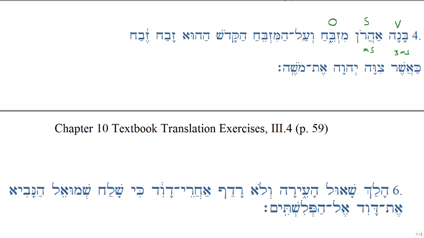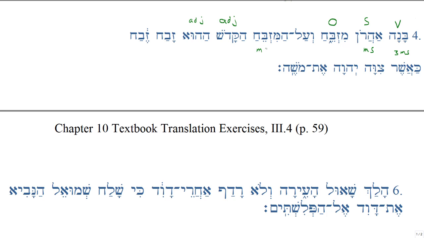Va'al hamizveach, and on or upon hamizveach hakadosh hahu. Now here we have two potential adjectives coming after hamizveach. We need to decide whether these are attributive adjectives that relate back to hamizveach. And we need to note that the demonstratives, ze and hu, and the other demonstratives can double up with other adjectives. So we have hamizveach.